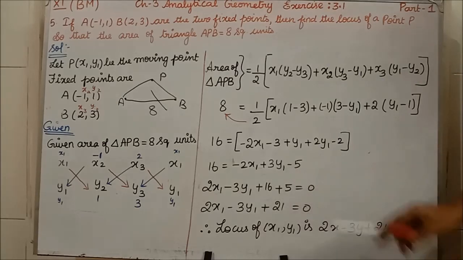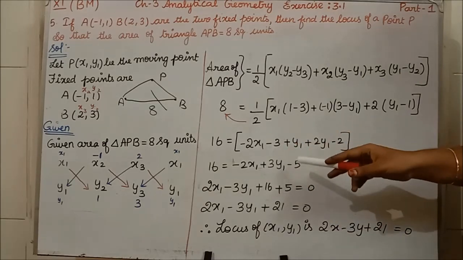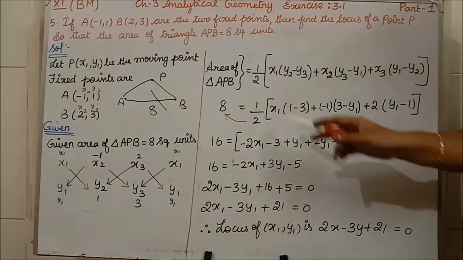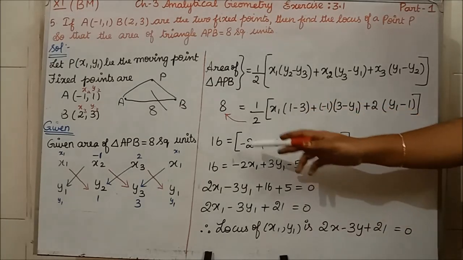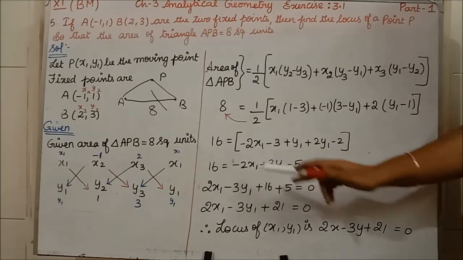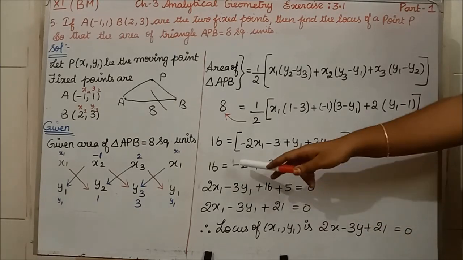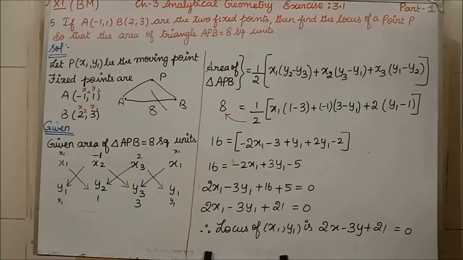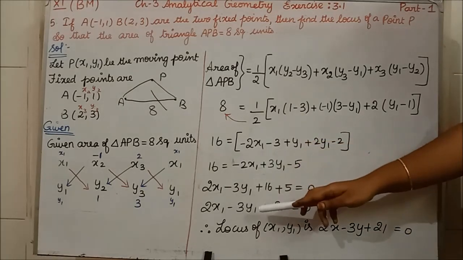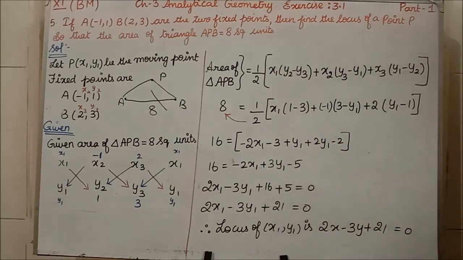I am taking all the right hand side terms to the left hand side. What will it become? Plus 2x1 minus 3y1 plus 5, and plus 16 is already there, so I write that also. 2x1 minus 3y1, 16 plus 5 is 21, equal to 0.